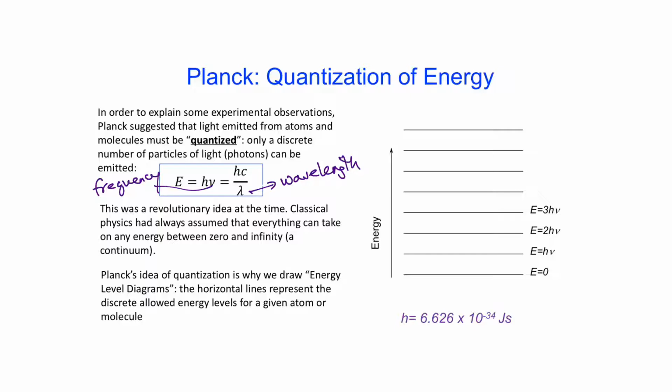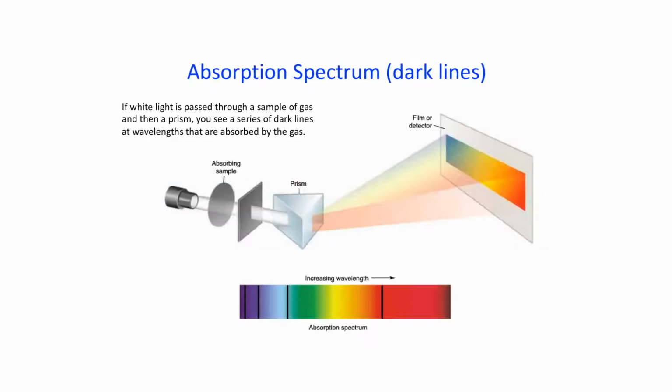But that didn't explain what they saw in their atomic spectroscopy observations. Assuming that electrons can occupy any energy does not explain what the scientists were seeing in their experiments. It didn't explain these discrete lines.